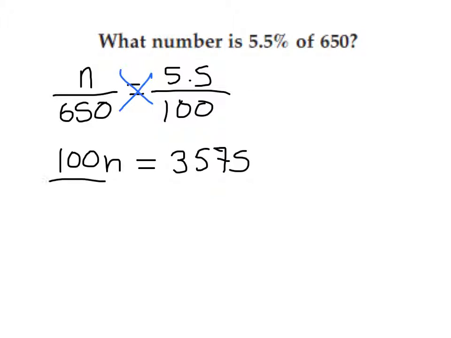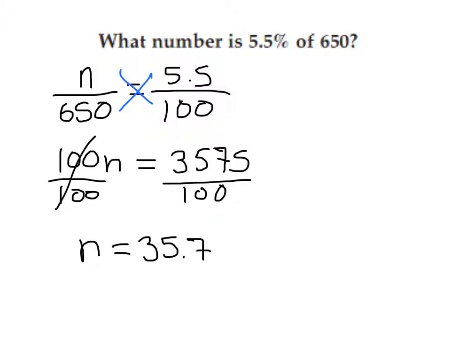So that means I'm going to divide both sides by 100. Because there's multiplication here, 100 times n, the division cancels that out. Whatever I do on one side, I do to the other. I find that when I take my calculator and divide 3,575 by 100, I get 35.75.